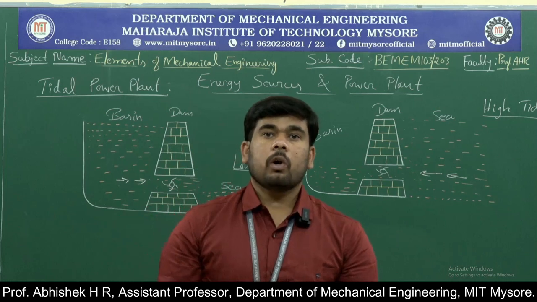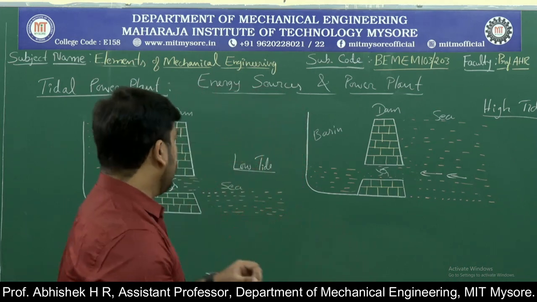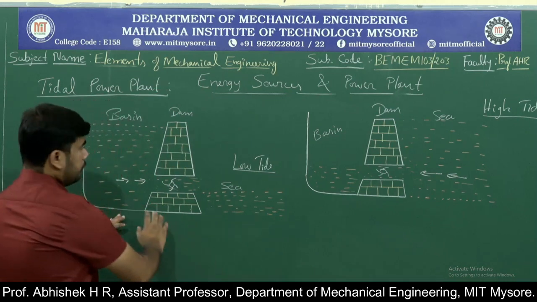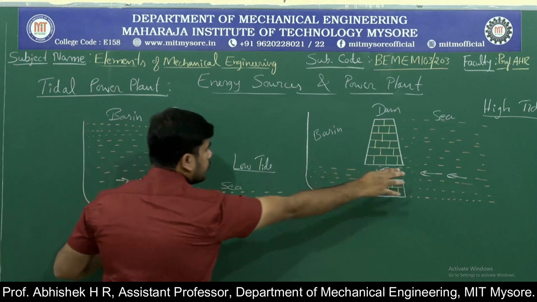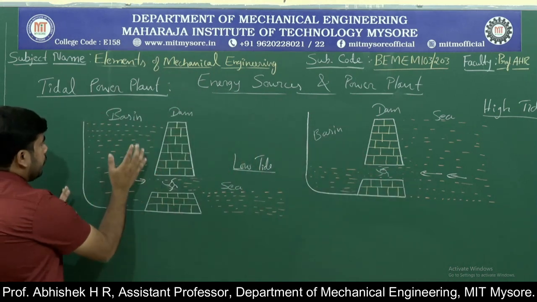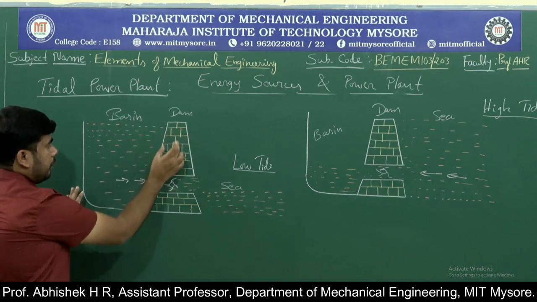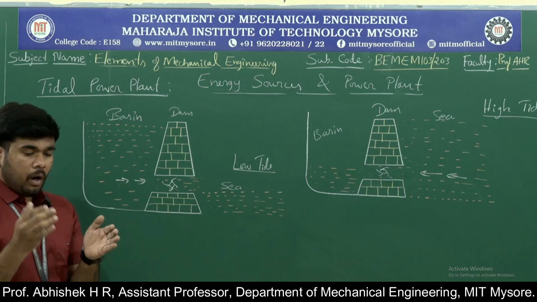Utilizing this concept also, we can generate electricity. For example, you can see the diagrams of the low tide as well as the high tide. Here we have a water basin, and there is one dam and the sea.